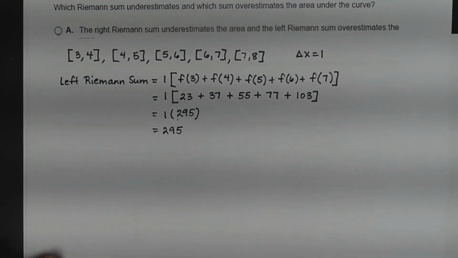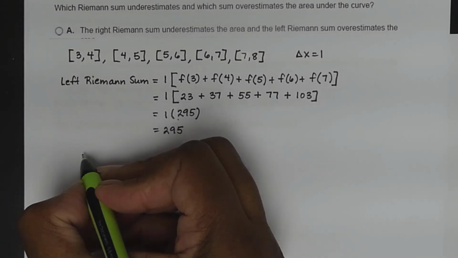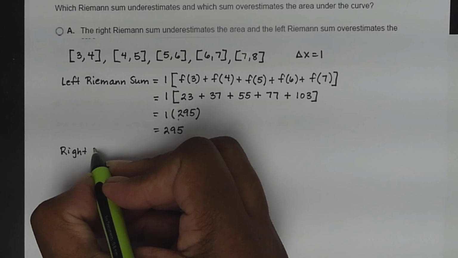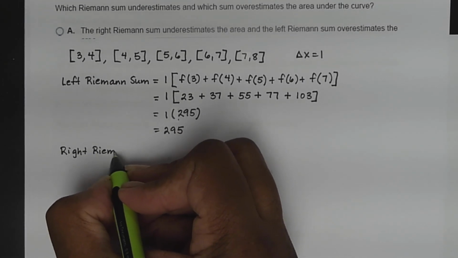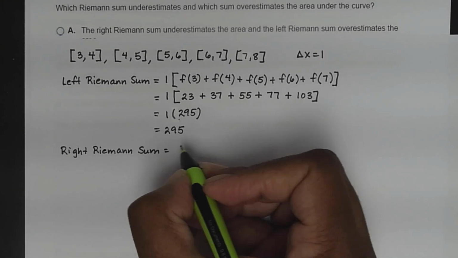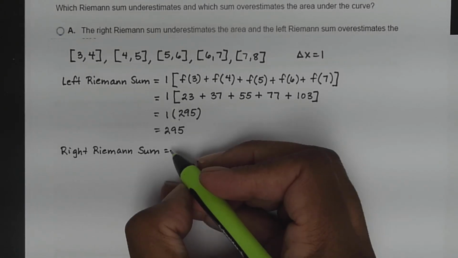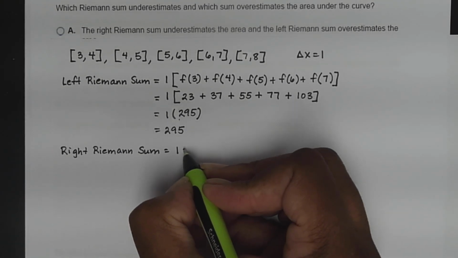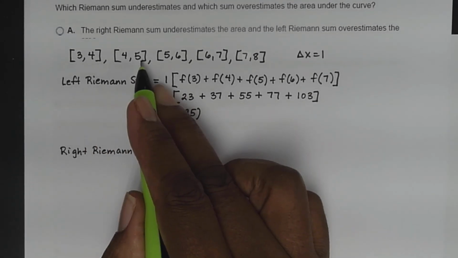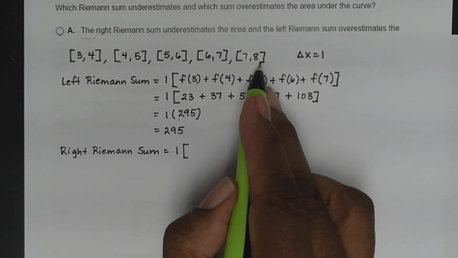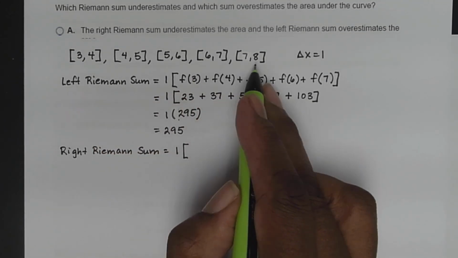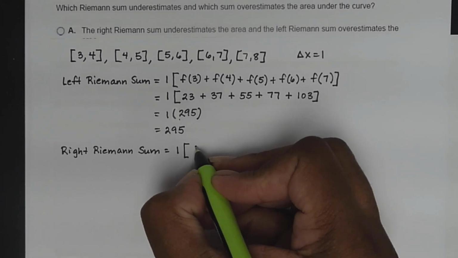Next, I'm going to find the right Riemann sum. So I'm going to use that same formula, so that's delta x, but delta x is 1 times each right endpoint of each subinterval, as you can see. f of 4, f of 5, f of 6, f of 7, and f of 8 added together.